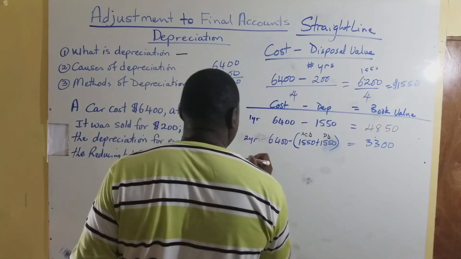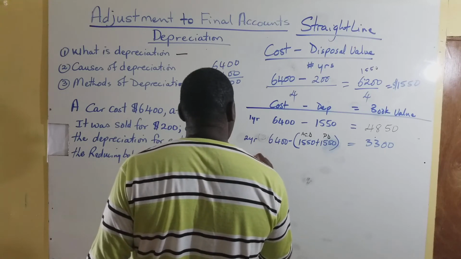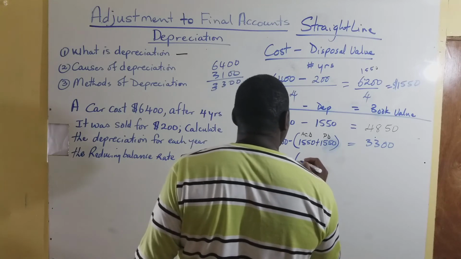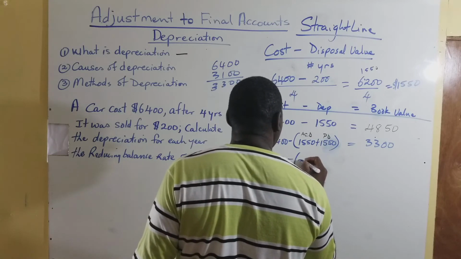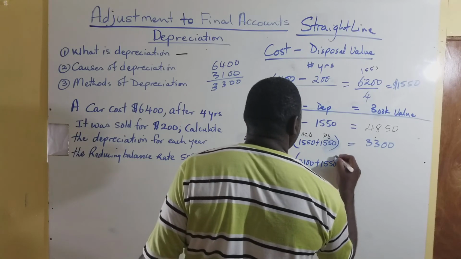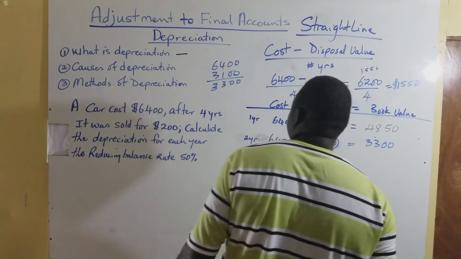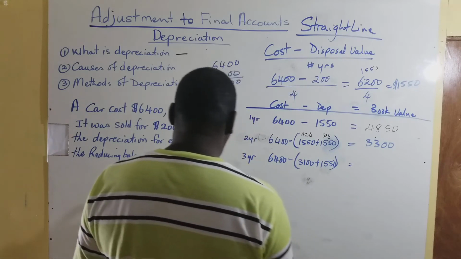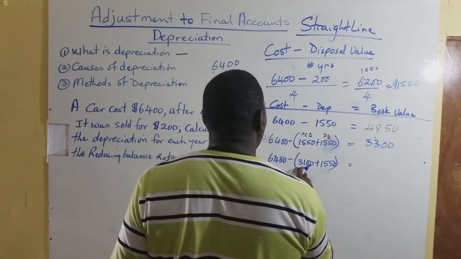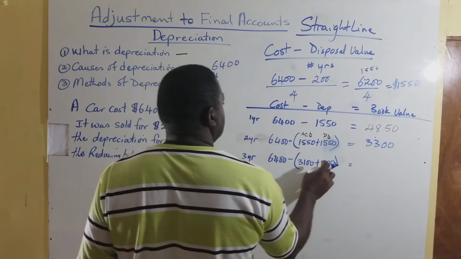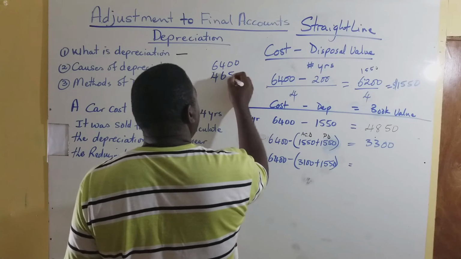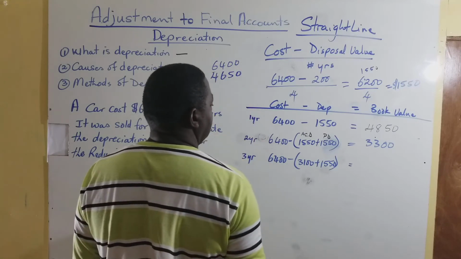Shall we go to year 3? 6,400, and this would be the accumulated depreciation, now 3,100 plus 1,550. All right, so what we're going to be doing now is that this would be 4,650.